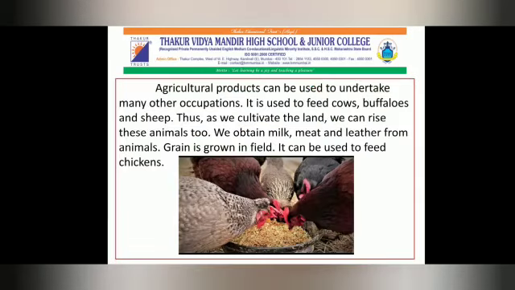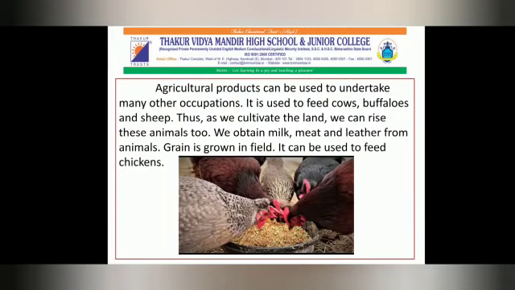Agricultural products can be used to undertake many other occupations. It is used to feed cows, buffaloes, and sheep. Thus, as we cultivate the land, we can raise these animals too. We obtain milk, meat, and leather from these animals. Grain is grown in the field.